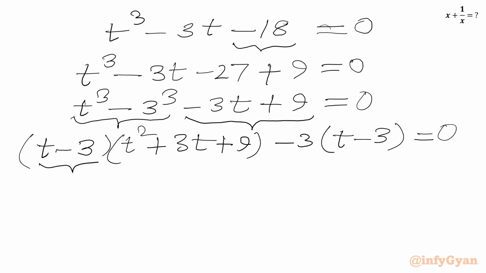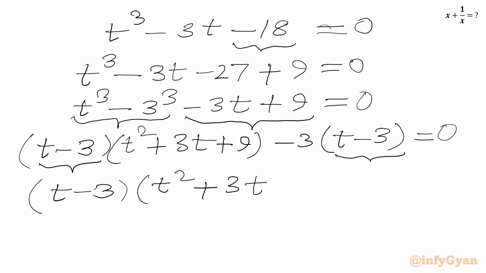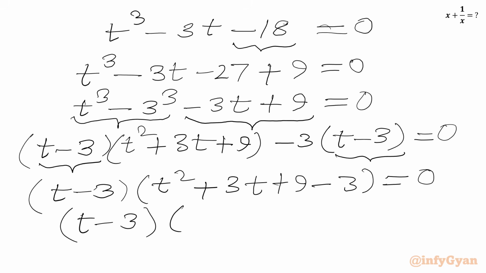Now we can take t minus 3 common out. So I can write t minus 3 times t square plus 3t plus 9 minus 3 equal to 0. Or we can write t minus 3 times t square plus 3t, 9 minus 3 is 6, equal to 0.